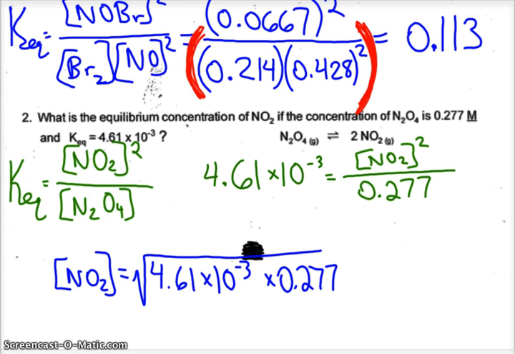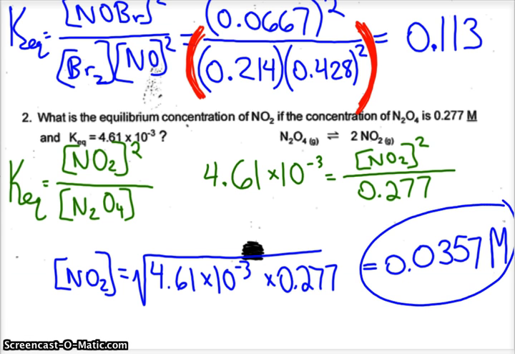So I multiplied both sides by 0.277, then took the square root. And this equals 0.0357 molar. There's my final answer.